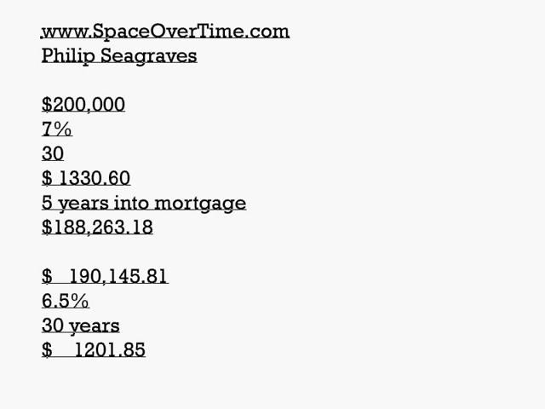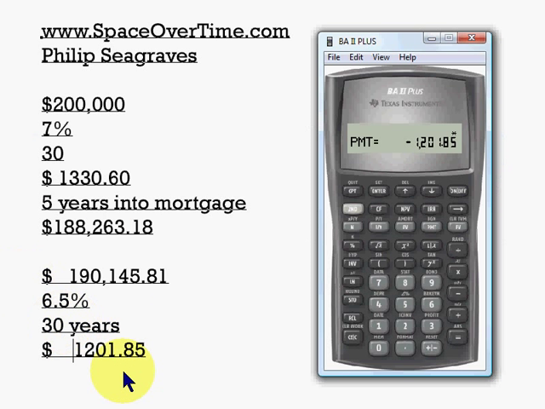First of all, what is our savings? So we have $1,330.60. So let's add that to this. Plus $1,330.60. And what we'll do, because the other number was already negative, is we'll get our payment savings.